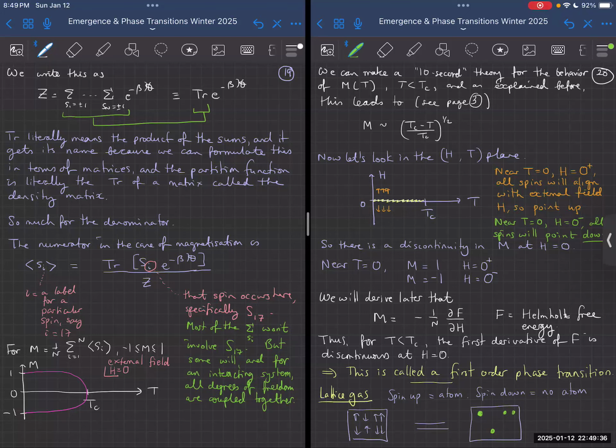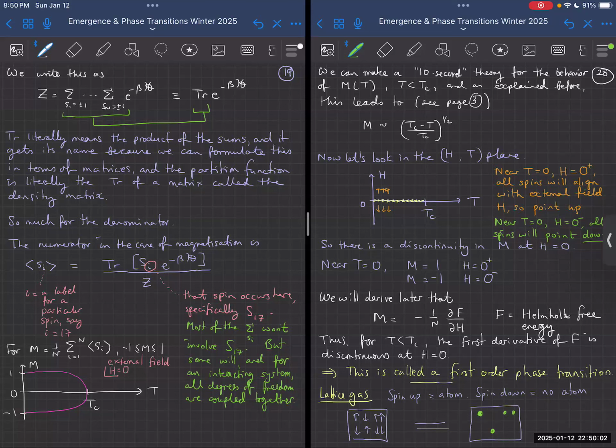What we would expect is that if you're near 0 temperature, then all the spins will just line up, and the fluctuations, the entropy as it were, will be very small. So very close to absolute 0, if I apply an external field in the up direction, all the spins will point up, as shown over here. On the other hand, if I'm near 0 temperature, but the external field is pointing down, then we would expect all the spins to be pointing down.